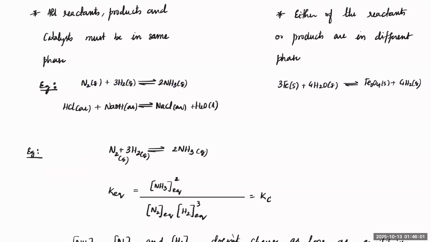All of them are in the gaseous state, so we say it is homogeneous equilibrium. Similarly, aqueous HCl and aqueous NaOH, if they exist in equilibrium with another aqueous solution and water, this is also considered homogeneous equilibrium.